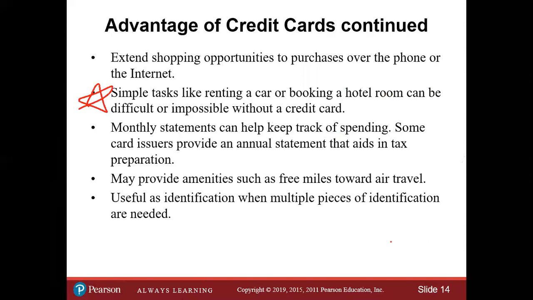If you are using them responsibly, paying off the balances, not getting behind, and paying for interest that rolls over and over month to month. You can also get amenities like free miles.